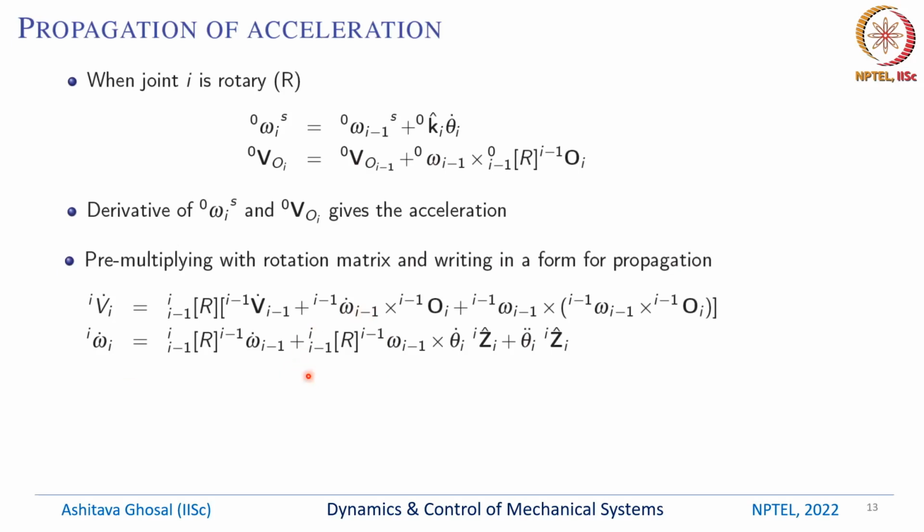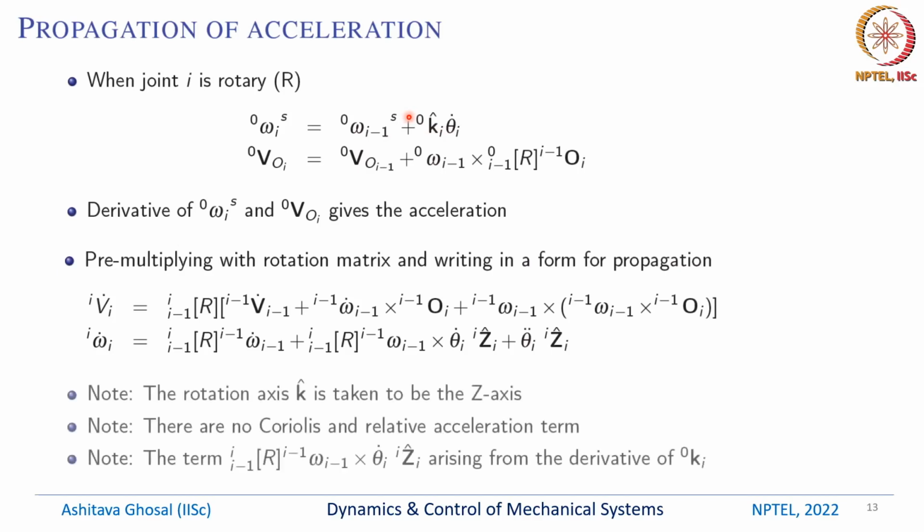Again we need to pre-multiply by some rotation matrix to write it in the correct form, suitable for propagation. This term is normally not seen if you are considering only a single rigid body, but it will appear if you take these derivatives properly.